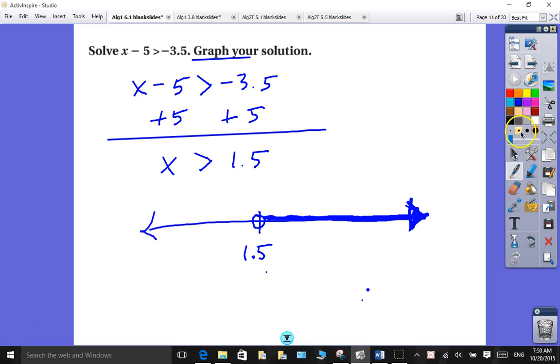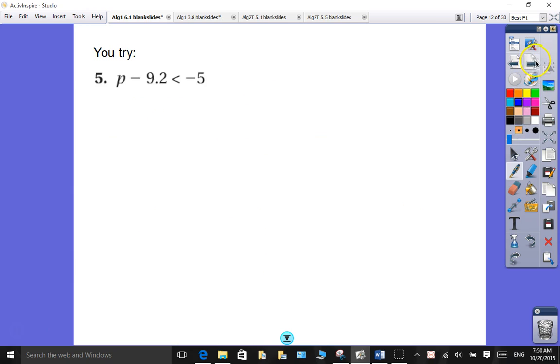Not too bad. So you try that one, the solution. P is less than 4.2. Did everybody get that? Sounds right. Okay, so let's see. Because P is not isolated, it's got a minus 9.2, I have to add 9.2.